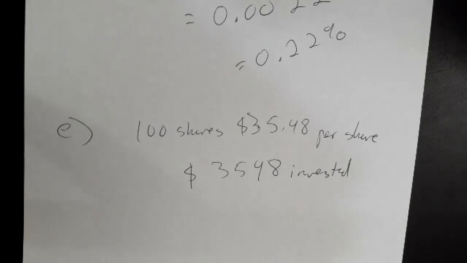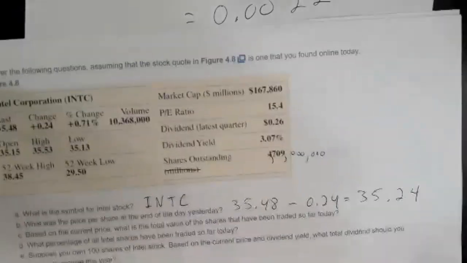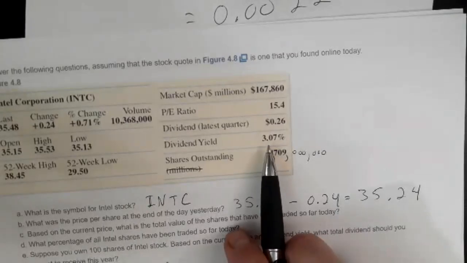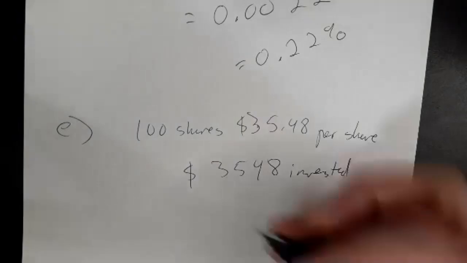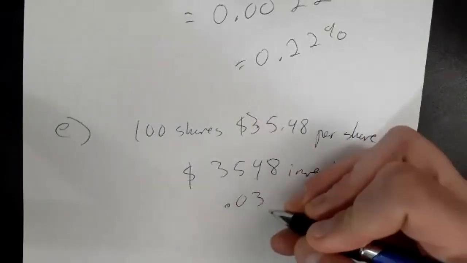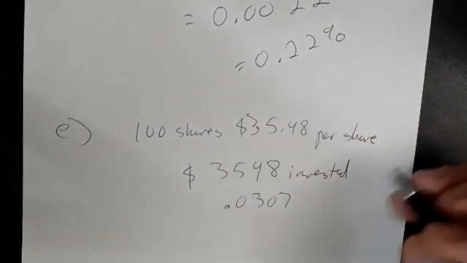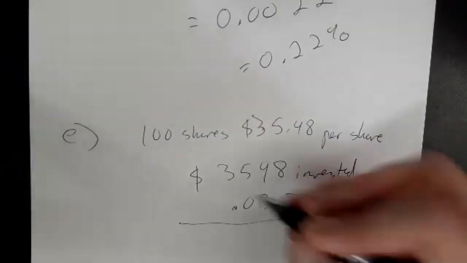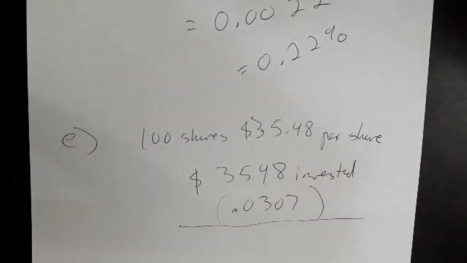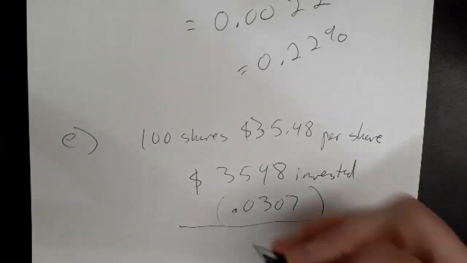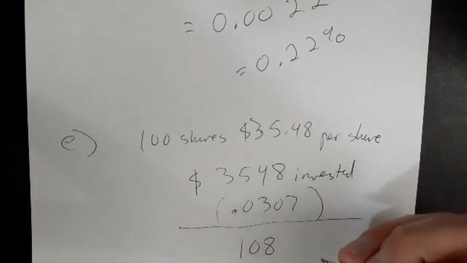You multiply it by 0.0307. We're just doing 3% of this amount. I'm multiplying these two things, finding 3% of how much money I have invested. And if I do that with 3,548, I should get something like 108.92.